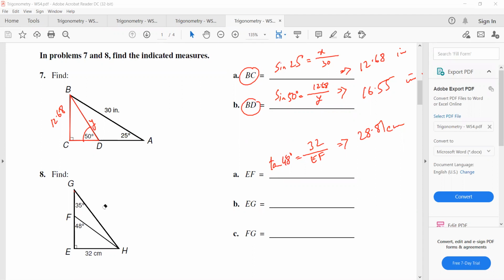Do again. 20.1. No. EG. So this one. Okay. Ma'am, 18.35. No.